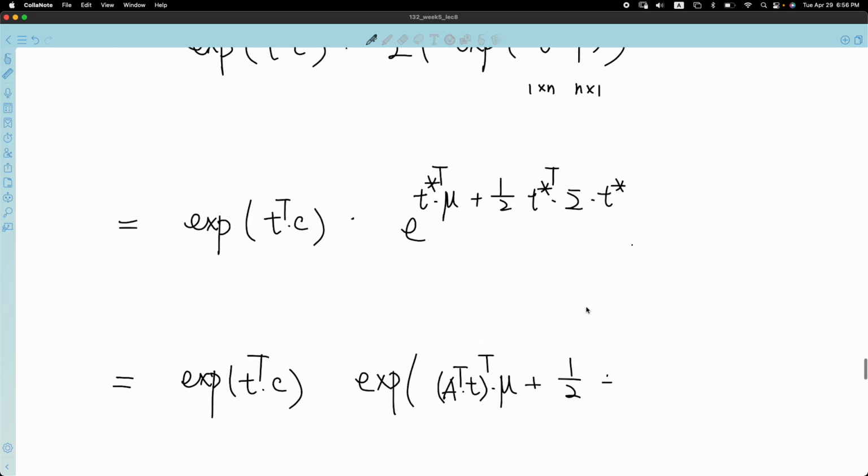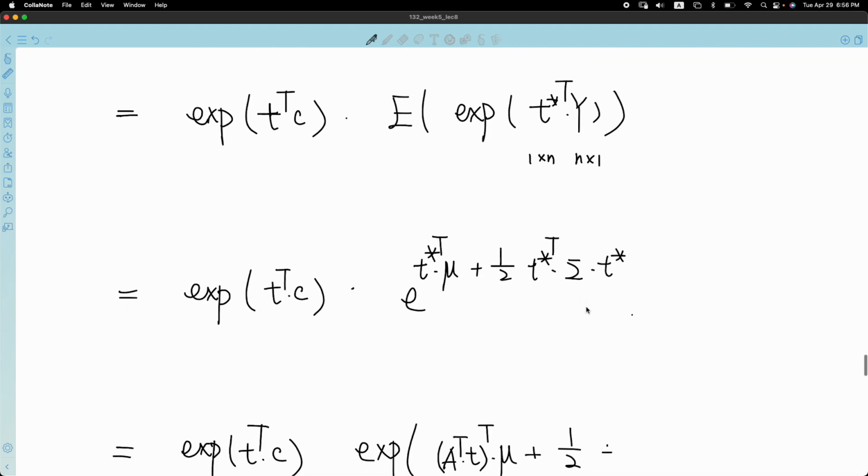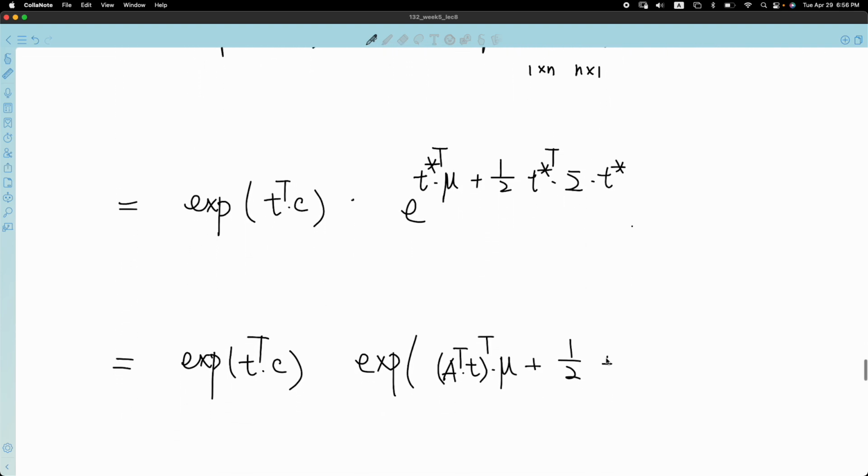What is my T star? T star is A transpose T, transpose sigma and then A transpose T. Okay, so now what I'm doing here is just plugging in T star.